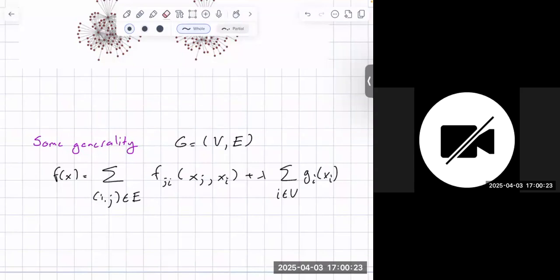Usually people also have some weights on the nodes. You have some idea that some node is more impactful than the other, and you put the objective function as such. Now it's going node by node, so it's like coordinate by coordinate. And that G stuff could be just convex. It will fit into this coordinate descent framework.